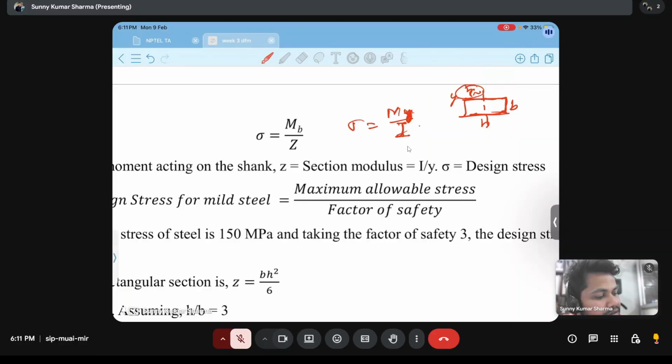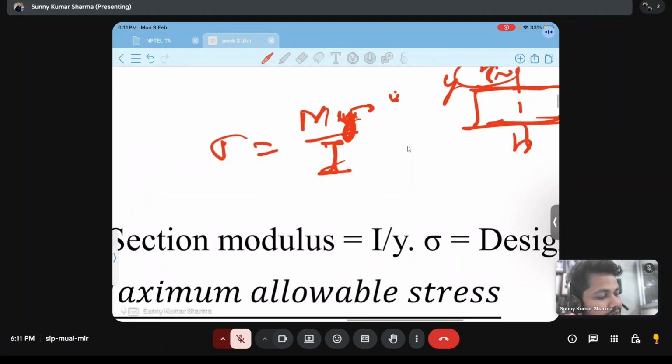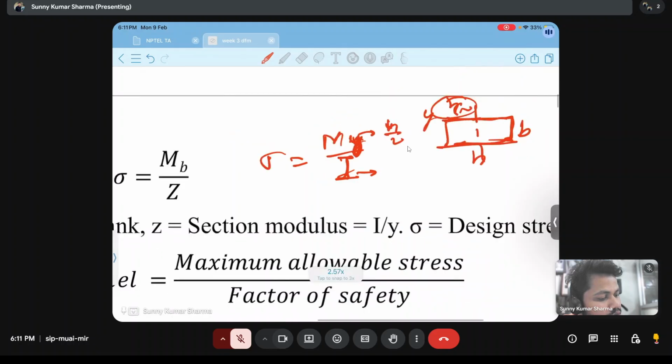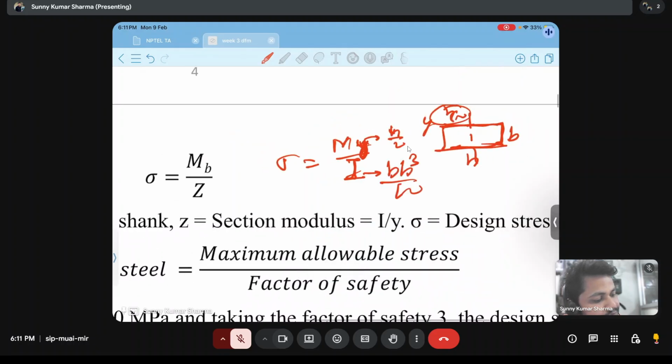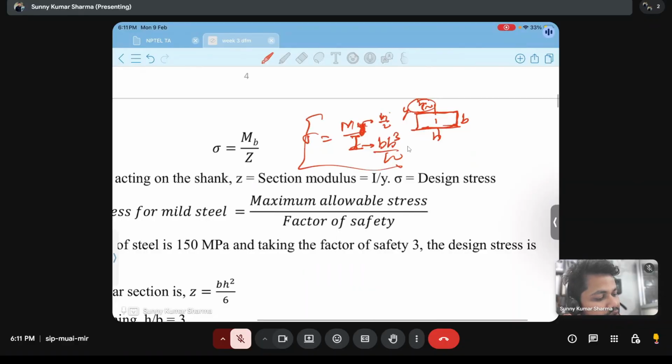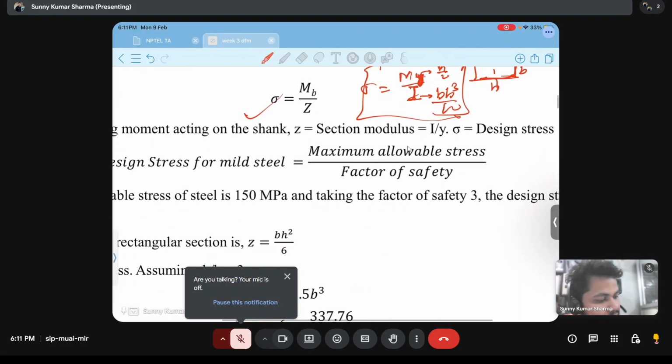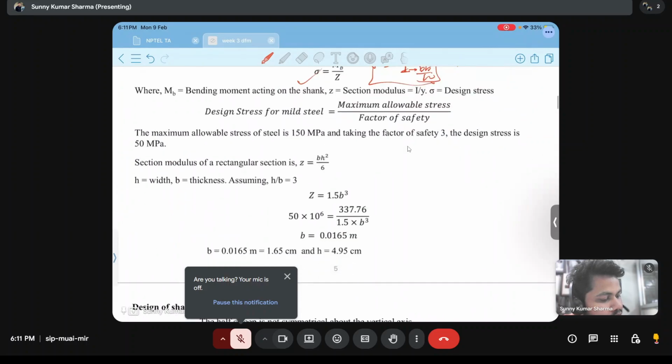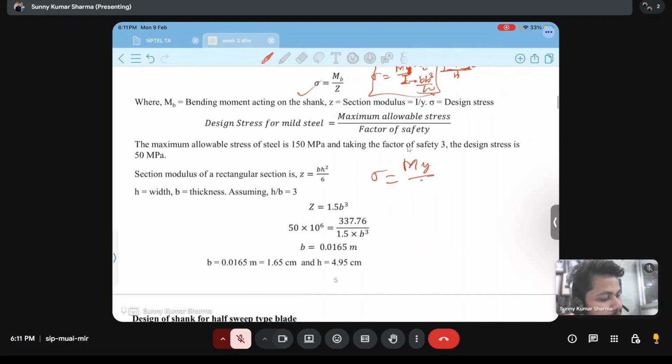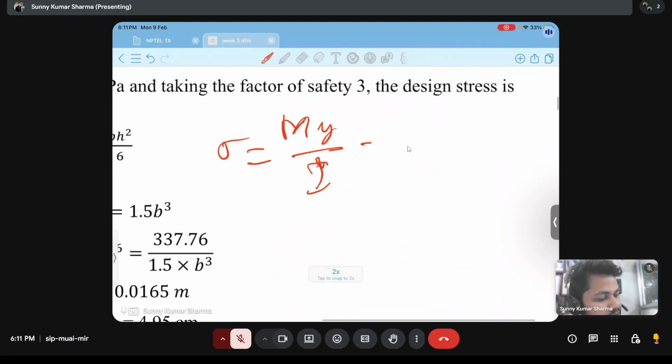For a rectangular section, y is equal to h by 2, and I is equal to bh cube by 12. So sigma equals My by I, and we will get this expression in terms of b and h.